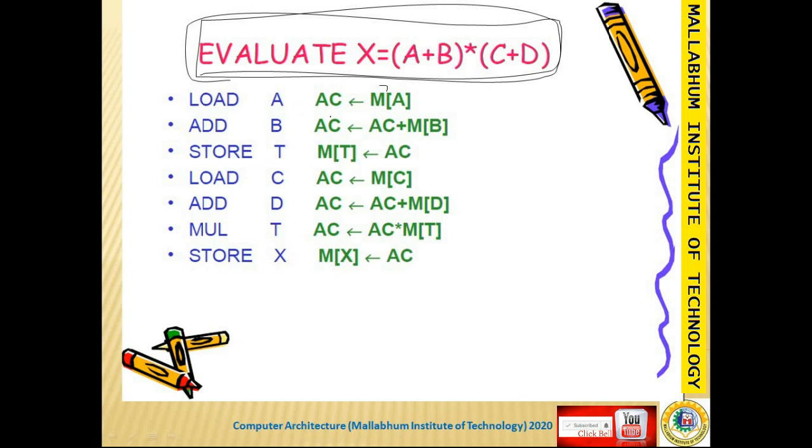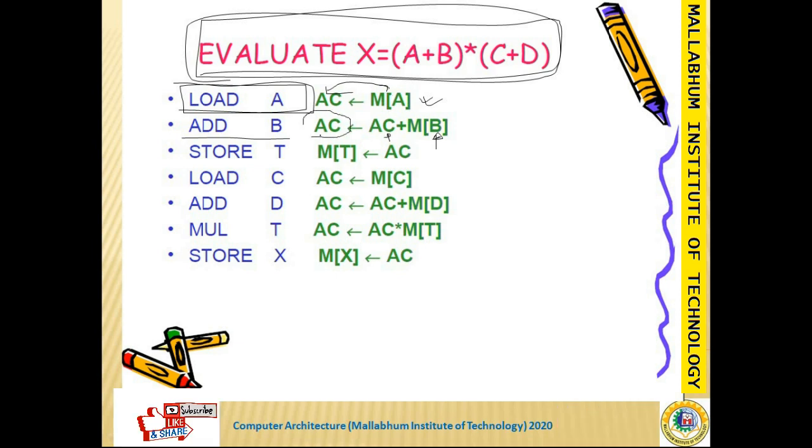So, load A means we load the content of memory A into the accumulator. Add B: whatever the content of memory B is, it is added with the accumulator, which holds A, and the result is stored in the accumulator.